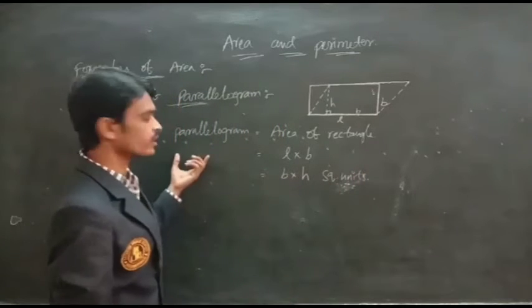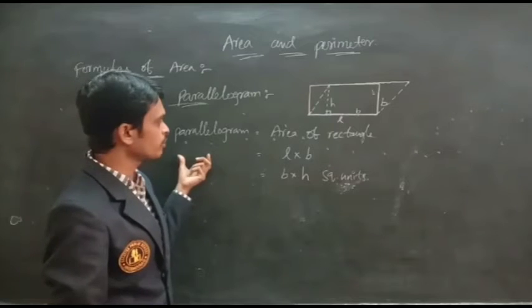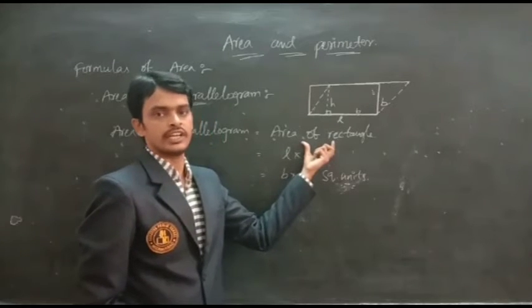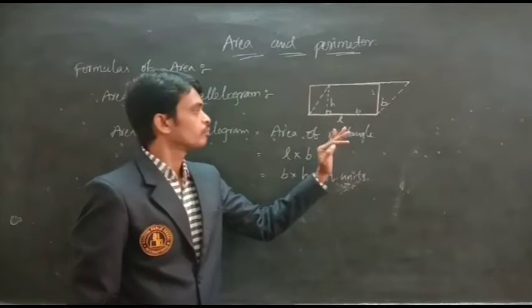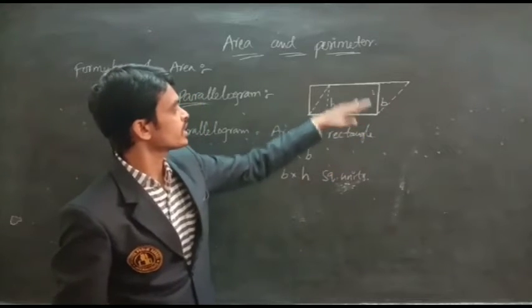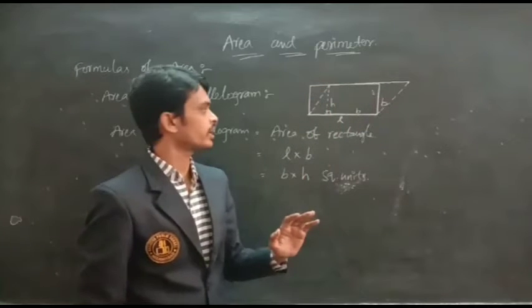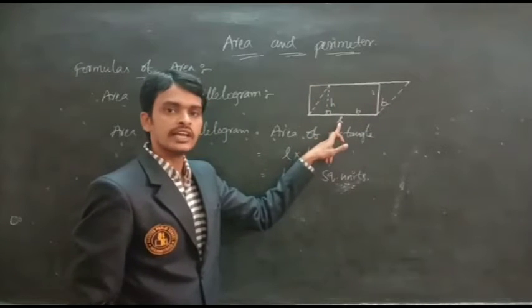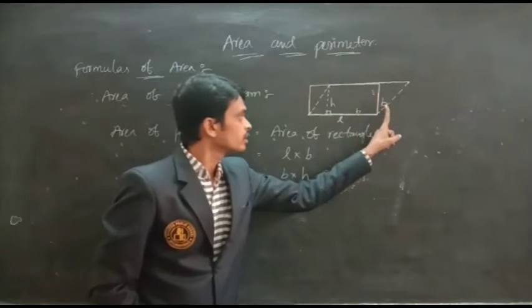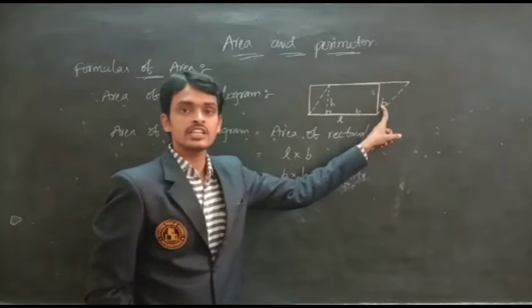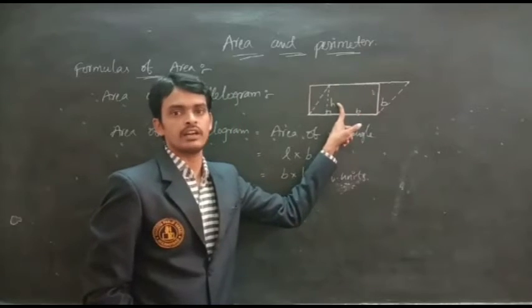Now we get the formula of parallelogram by using area of rectangle. Why? Because in rectangle and parallelogram both, opposite sides are equal. Then the length of the rectangle becomes the base of the parallelogram, and breadth of the rectangle becomes the height of the parallelogram.